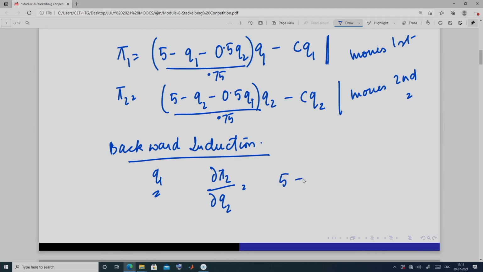It is this minus C, which is equal to 0, which is the first order condition.